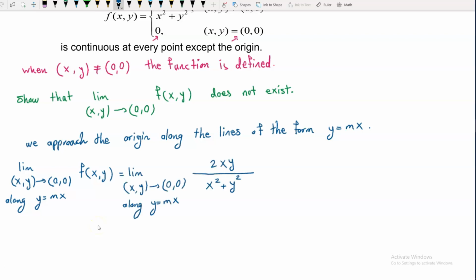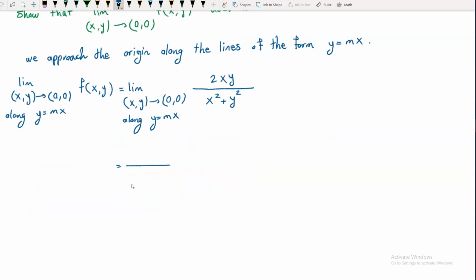So this is equal to the limit as x, y approaches 0, 0 along y equal to mx of 2xy over x squared plus y squared. Now substitute y equal to mx in this function.